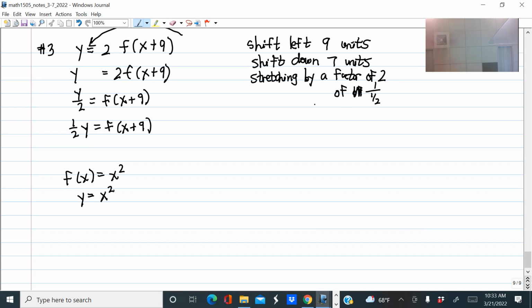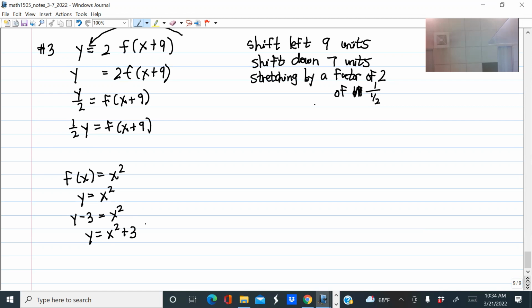So in shifting up, we subtract what? 3 units from y. But now you can just move the 3 to the other side and you get plus 3. In other words, to shift up 3 units, just take 3 and add it to the function. That will shift the whole thing up 3 units.